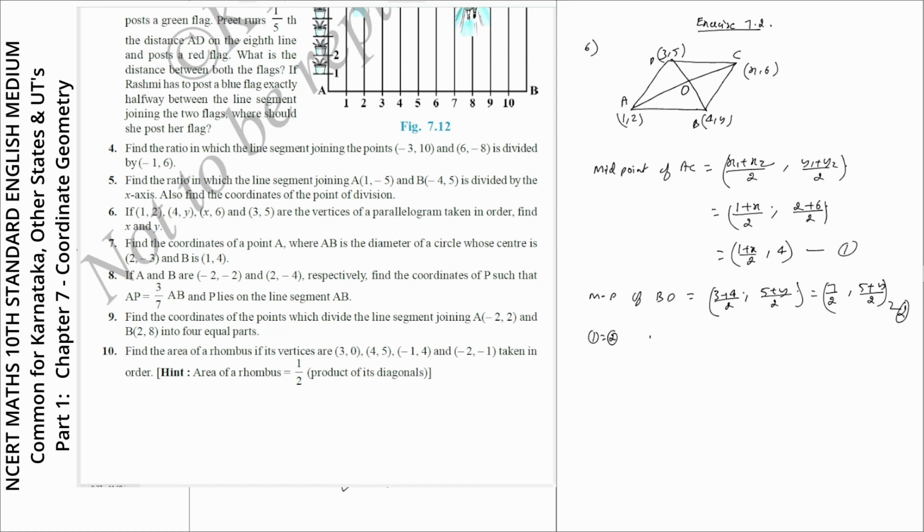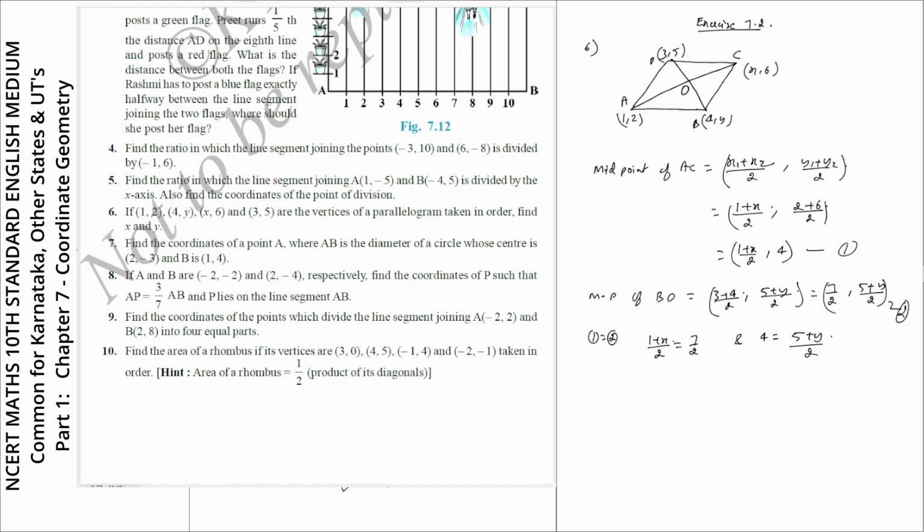So that means 1 plus x by 2 is equal to 7 by 2, and 4 is equal to 5 plus y by 2. Here I am equating the x terms of the right hand sides of 1 and 2.